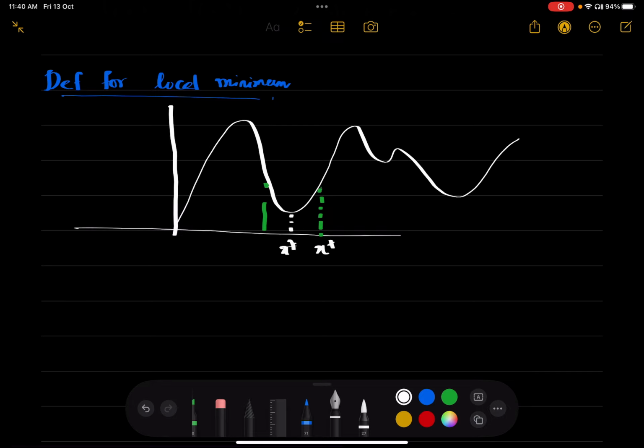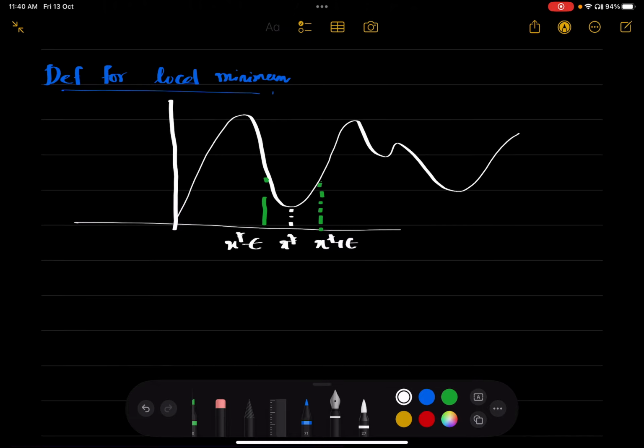This is like x star minus epsilon to x star plus epsilon, where epsilon is an arbitrary positive quantity. So we are looking just within that particular locality.